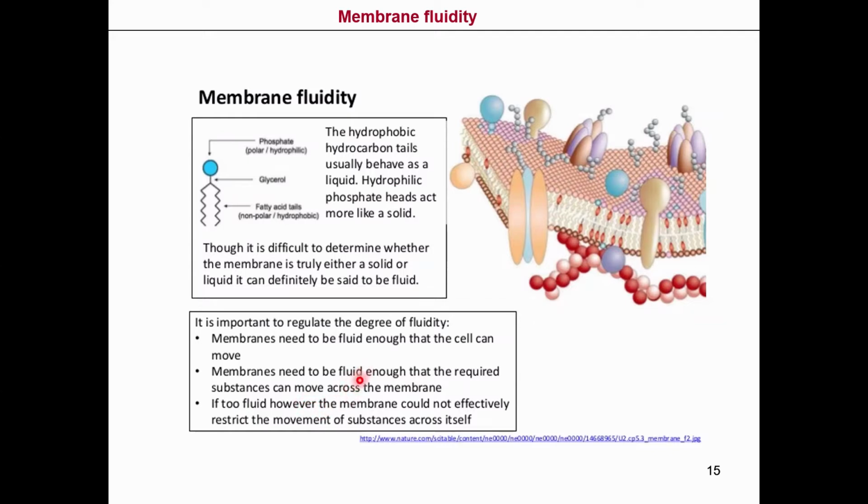Otherwise, it will be impermeable and no component, no nutrient, can cross the membrane. But if it's too fluid, the membrane could not efficiently restrict the movement of substrates across itself.